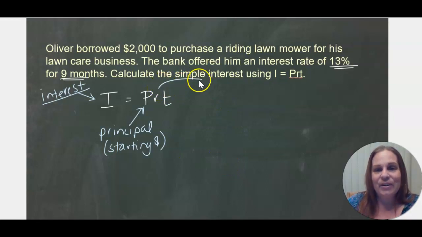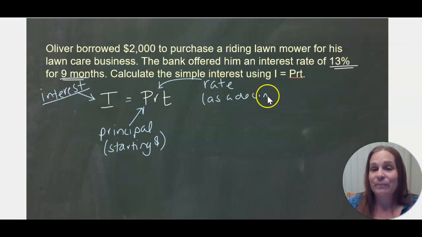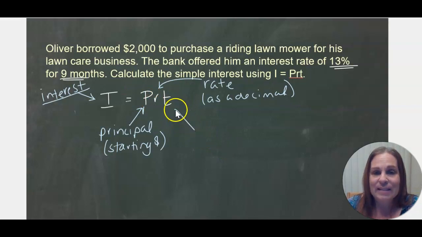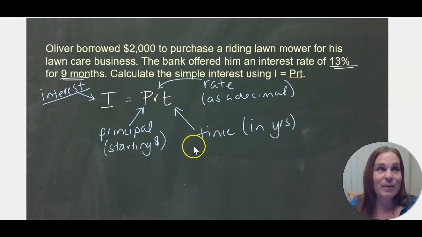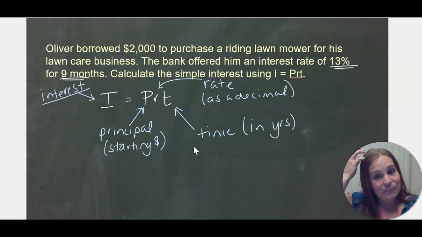The R is your rate, but this is important, as a decimal, right? So we have to write the rate as a decimal when we put it in there. And T is the time, but again, this is also important, in years. Not in months, the way they gave it to us in this problem.